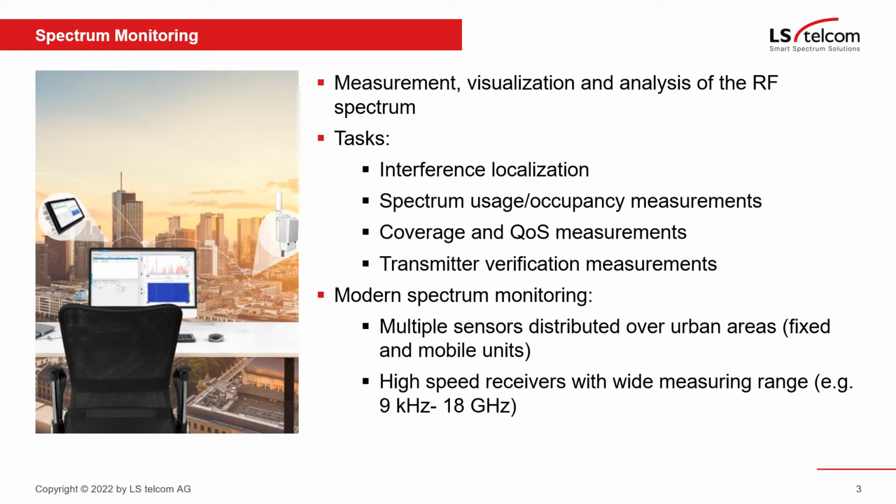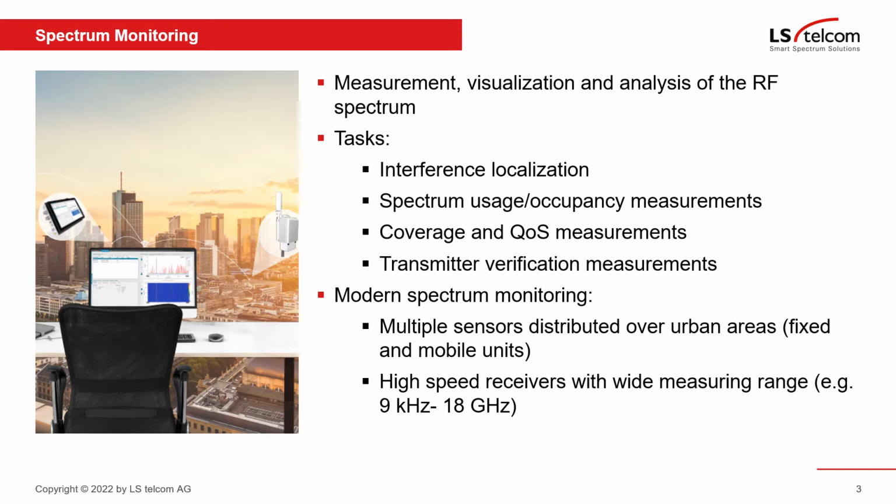So what I mean with spectrum monitoring is the measurement, visualization and analysis of the RF spectrum. A typical task of spectrum monitoring is to identify and localize interference, for example caused by unlicensed emitters, jammers or other artifacts like intermodulation products.